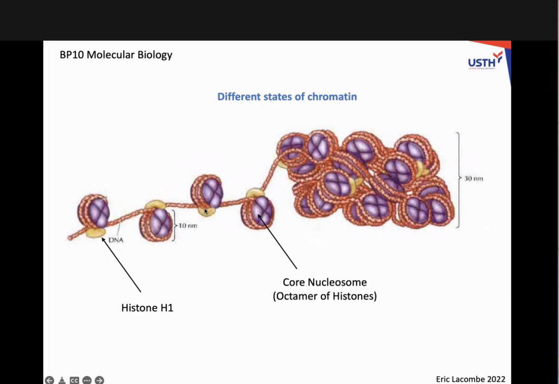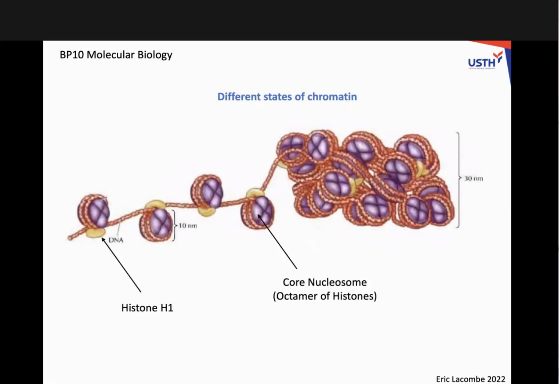I don't know if you can see in this drawing, but when we shift from non-condensed to condensed, the nucleosomes are going to be very close together, and it's because of interaction between H1 and other proteins. So you see here, for example, the H1s are closely related, which makes the compaction. We'll come back to that.